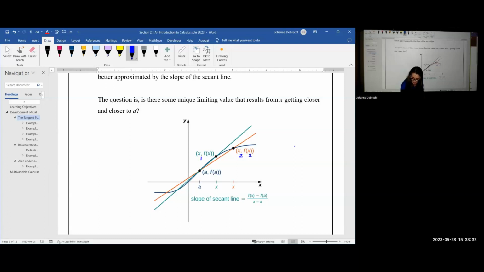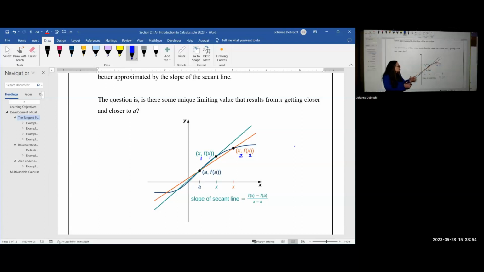We'll call this one x1, f of x1. So this is our slope here. So when I'm looking at the slope of the line through these 2 points, I'll get a certain value for the slope of the secant line cutting through. And when I take the slope of the line connecting these 2 points, I get a different slope.